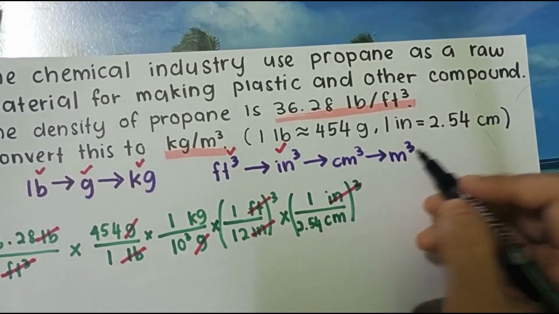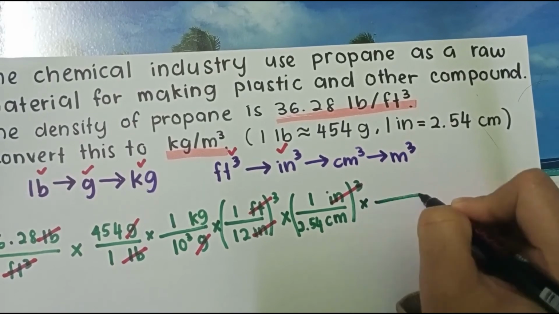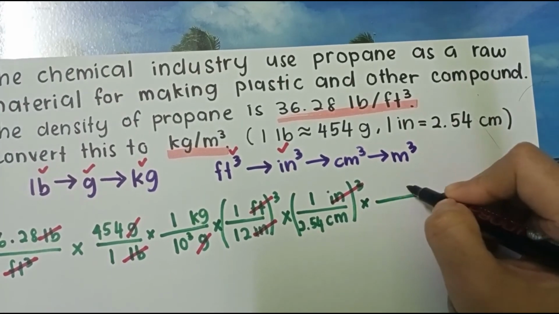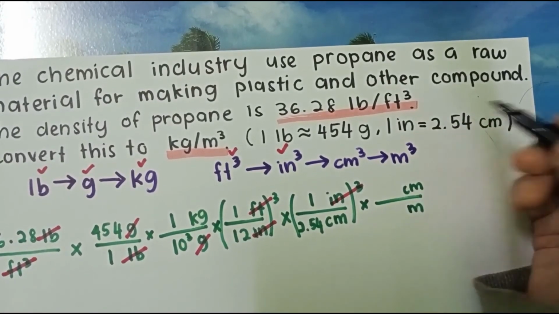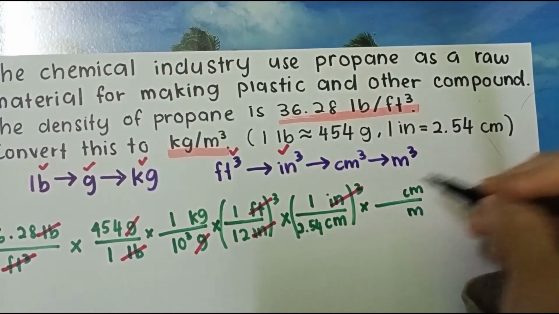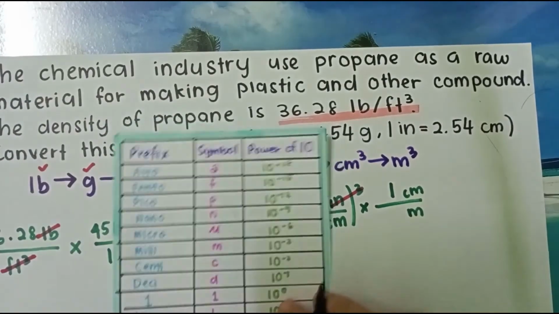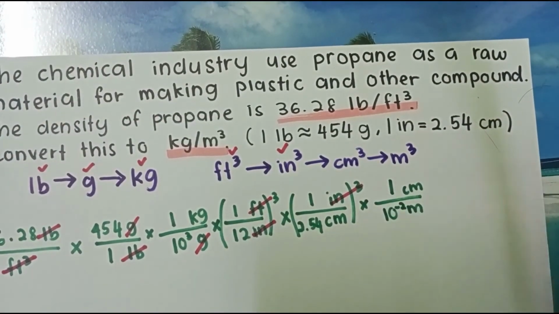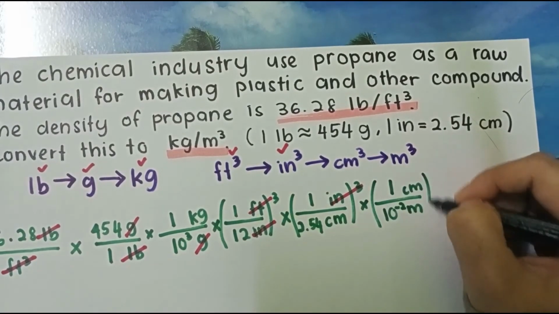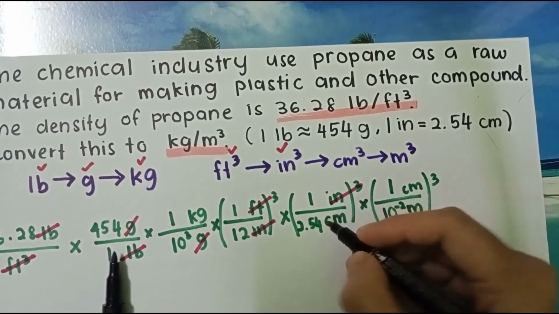Now we want to convert centimeter to meter cube. When centimeter is at the bottom, we put centimeter at the top to cancel it and put meter at the bottom. Okay, we know that 1 centimeter, centi, is 10 power of negative 2 meter, and we cube it, so we can cancel it.